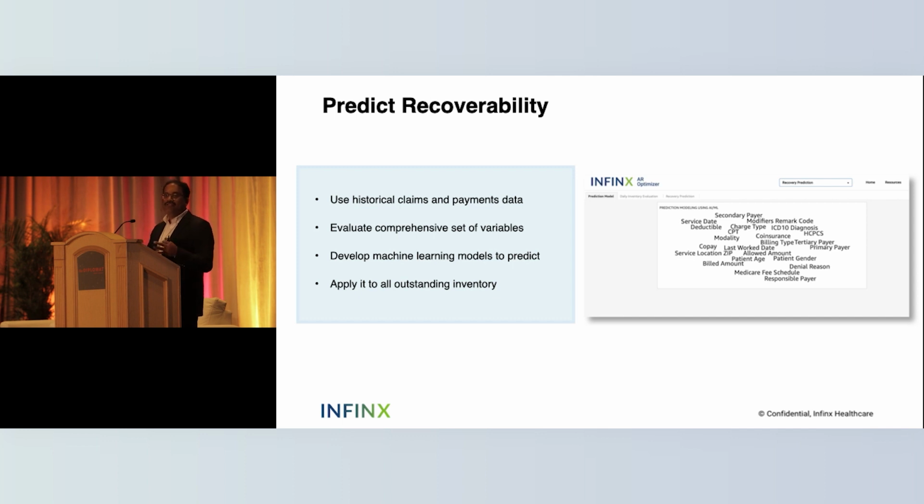So when I talk about plus or minus $5, it's an individual charge level, right? And the number of dimensions it considers is very broad, 20 to 30 different dimensions. Because you'll be surprised how many different factors come into a claim getting paid or not getting paid from a payer perspective.